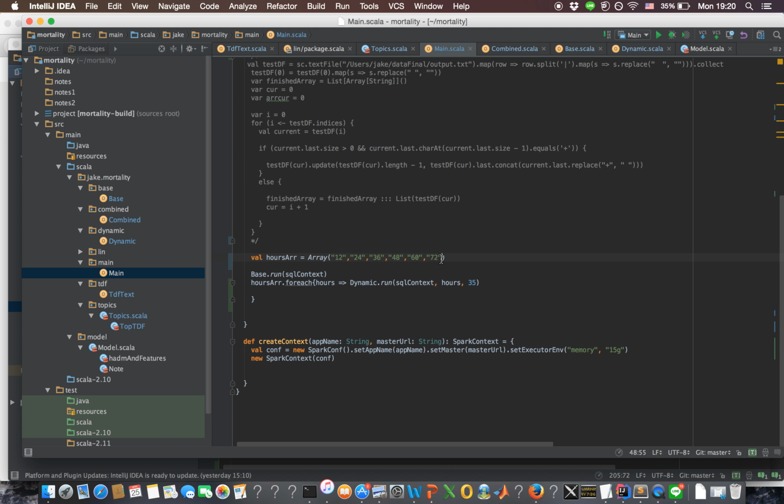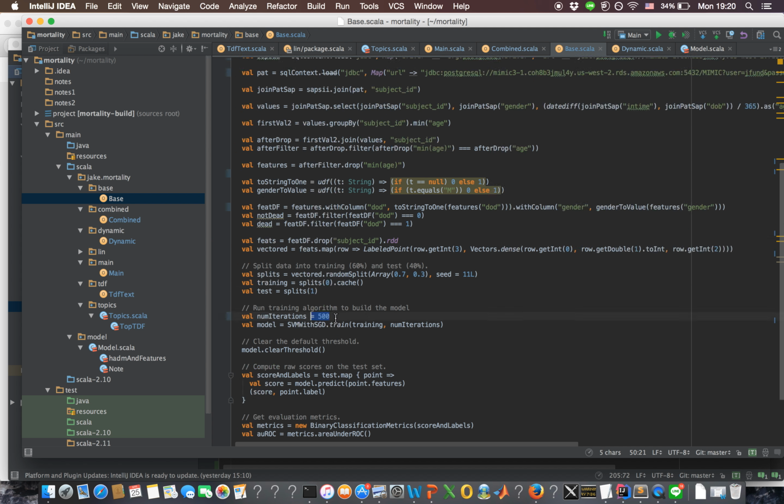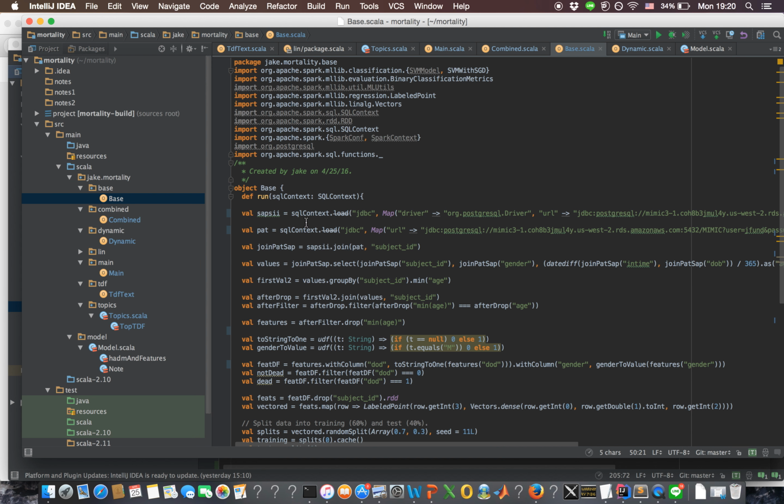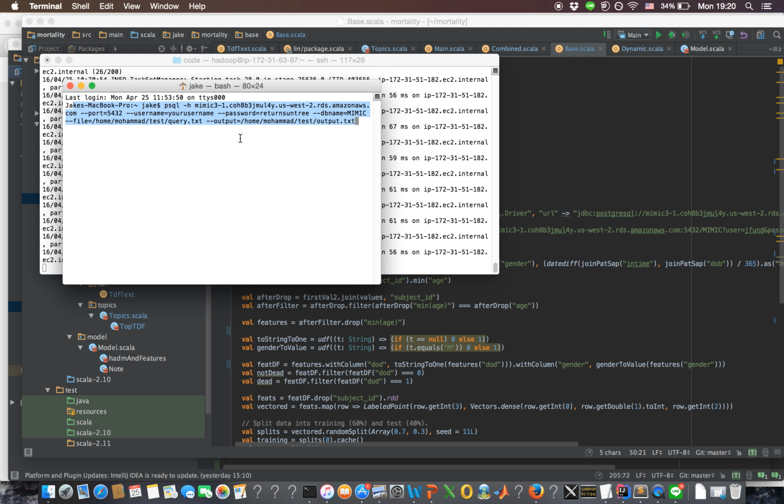So only up to 3 days for the topic model, the time varying one. And so I had the baseline, a combined one, and a dynamic one. The baseline model had those 3 features, the SAPS, which I had to get by making my own table. It's still running through that database.